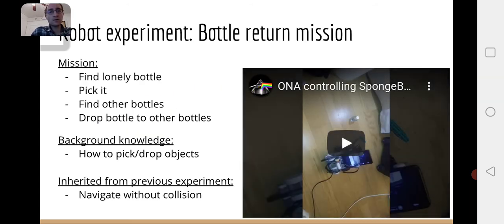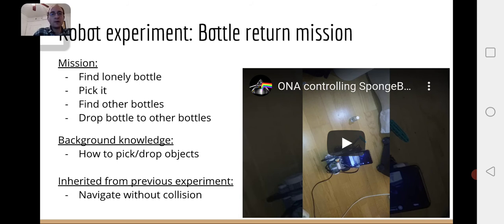a more interesting mission. The mission in this case, by using the knowledge it has learned to navigate without collision, we use this and we try something more interesting on top. The mission here is to find a lonely bottle, to pick it, and to find another group of bottles to return it to.